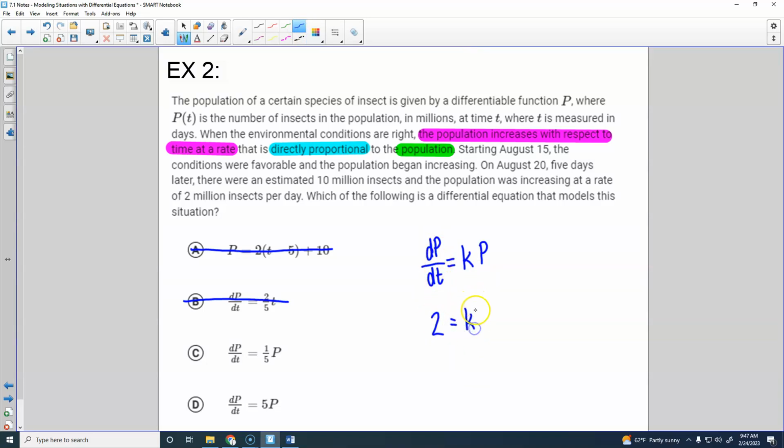I got this k right here. That's my constant of proportionality. That's what I want to find. And then it tells me the population was 10 million there. So if I divide by that 10, I'll get 1/5 for my k, which makes sense here because if you're doing 1/5 times the population, that would give you the rate. 1/5 times 10 would give you 2. They give you extra information there. You don't actually have to know about that 5 days there for that particular problem.